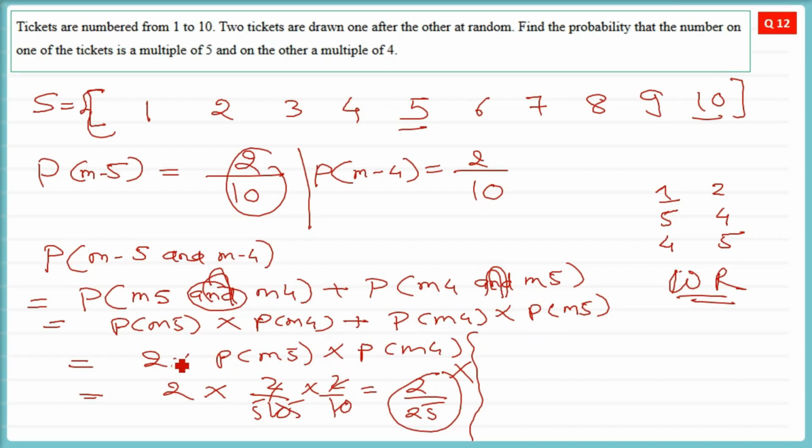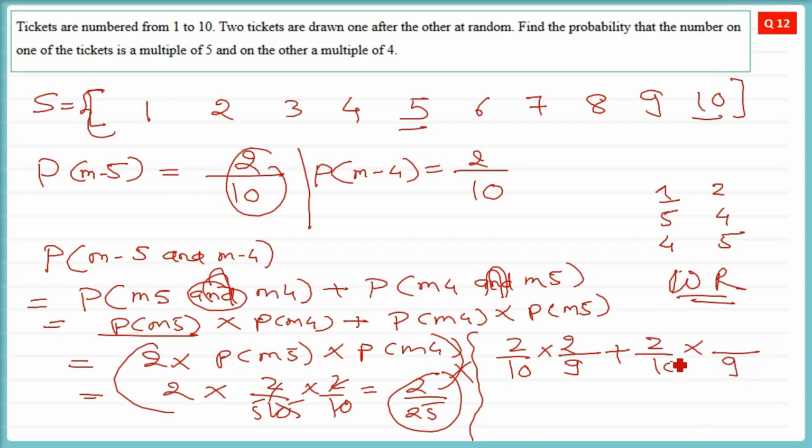When it is without replacement, what are we going to do? Same thing, but with just reduction of the ticket numbers. Like 2 by 10 is the probability of getting a multiple of 5. But when we have taken out 1 already, only 9 are remaining for the second ticket being drawn. When the ticket is being drawn, there are still 2 numbers which are multiples of 4. Similarly, in the second case, 2 by 10, 2 numbers have to be drawn and these are the multiples of 4.